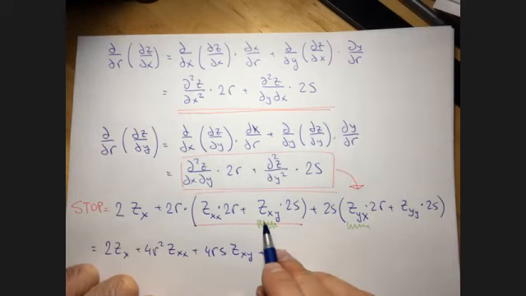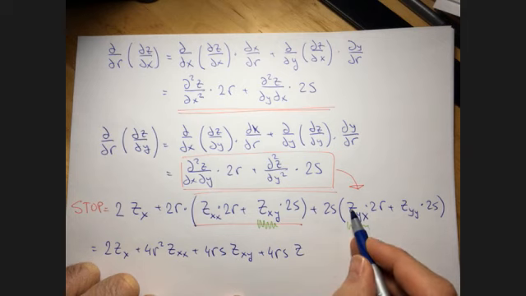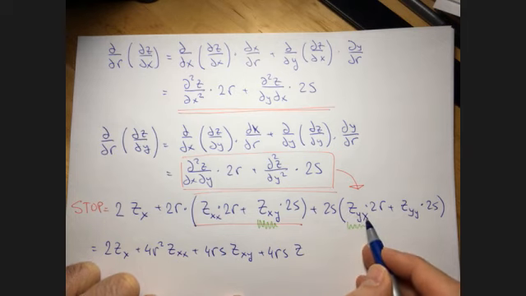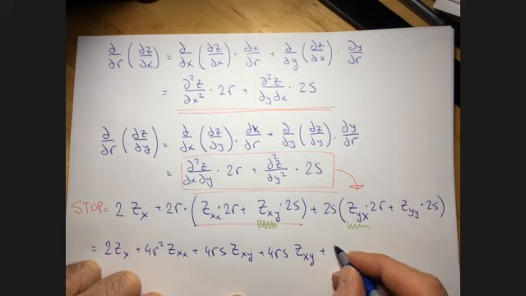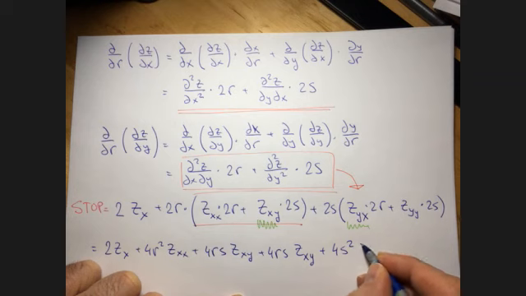The mixed derivatives are the same by Clairaut's theorem, so I can write, instead of derivative of z first with respect to y, then with respect to x, the second order derivative first with respect to x, then with respect to y, plus 2s times 2s is 4s squared, the second order partial derivative with respect to y twice.